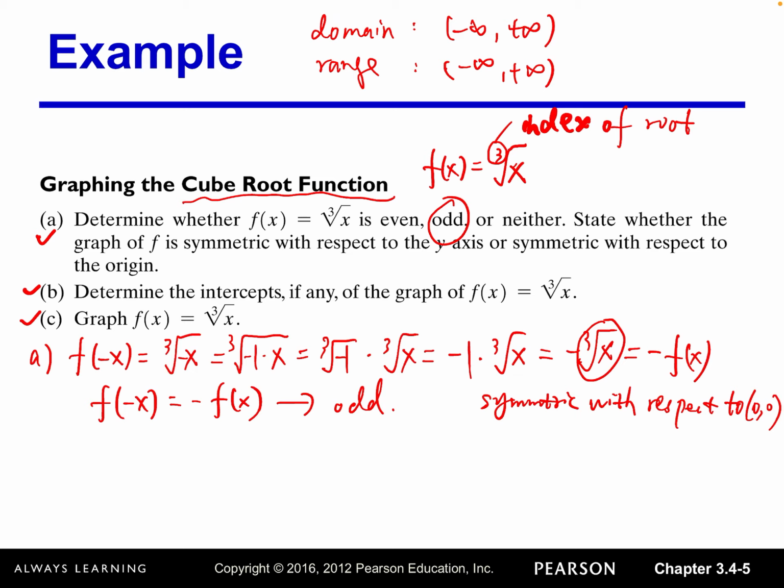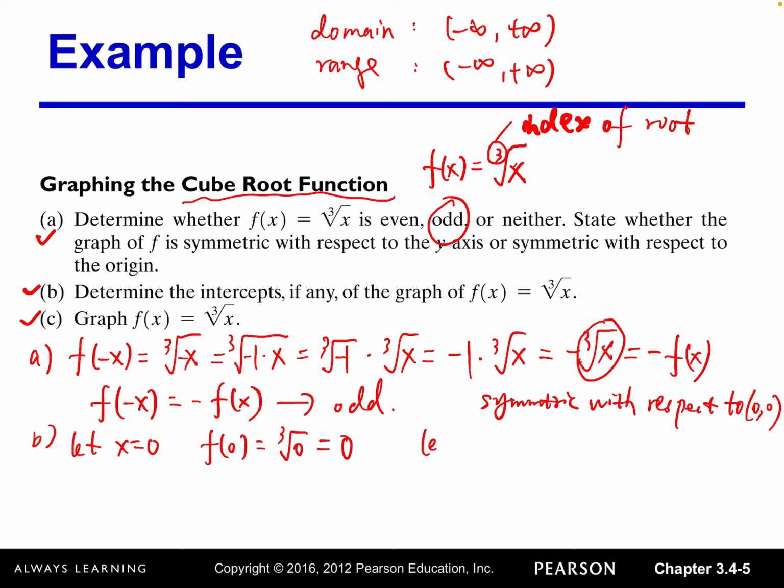Okay, so we're done with part A. B, determine the intercepts, if there are any, of the graph of f of x equals third root of x. Let x equal 0 and plug in. So f of 0 equals third root of 0, which is still 0. So the intercept is 0, 0.